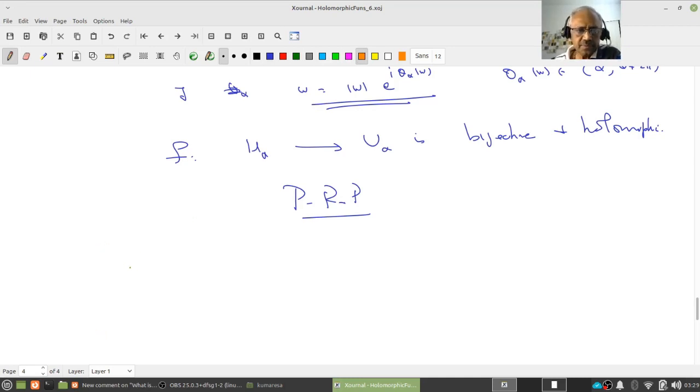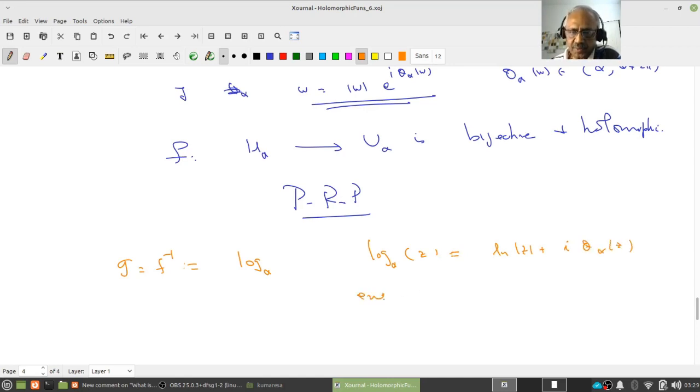So now what is g? It is f inverse. This is our log alpha. Why? Because that's what we found out. What is log alpha? Log alpha of any z is going to be ln of mod z plus i times theta alpha of z.